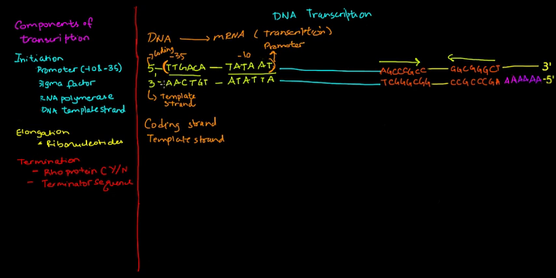Apart from determining the coding and template strand, the promoter, especially the TATA box, the -10 consensus sequence, also determines the transcription start site, which means the first nucleotide that will be transcribed.